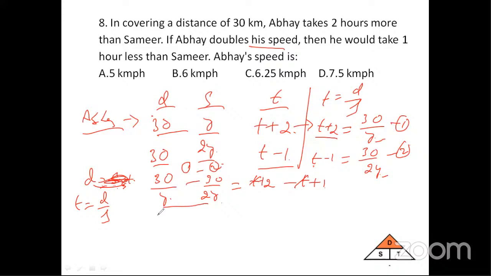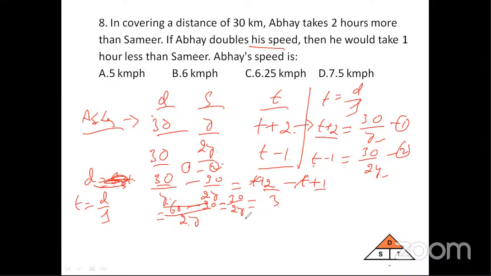These two, we need to do LCM. So we get LCM as 2y. This y into 2, so this becomes 60 minus 30. So 60 minus 30 is 30 by 2y we get. On this side we get 2 plus 1, 3.